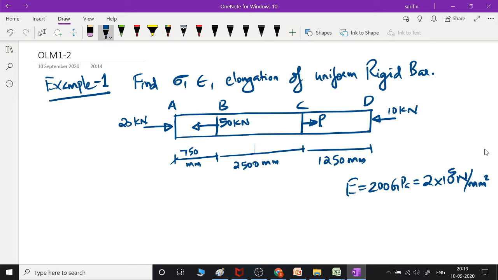So we have to calculate the area of cross section. Area of cross section will be pi into d square by 4. So this will come out as 803.84 mm square. So these are the different data that is given. Let us see how to solve this question.